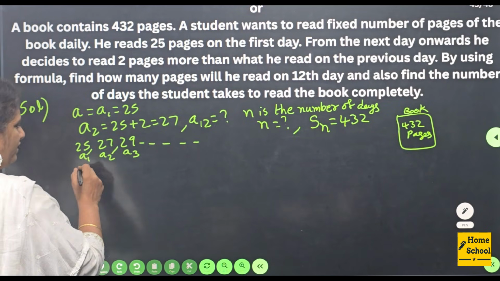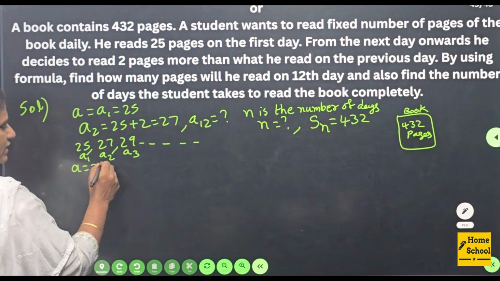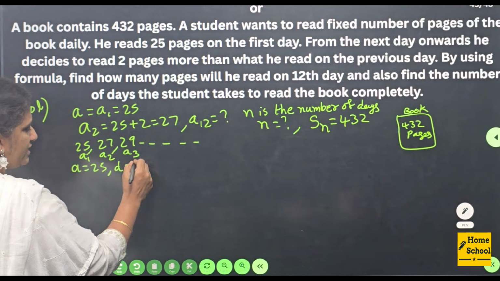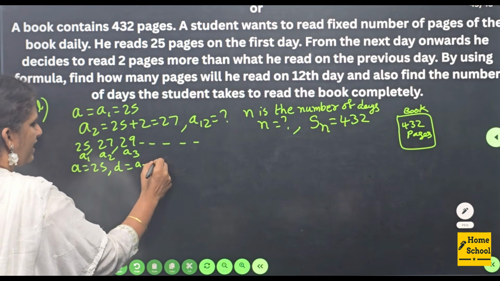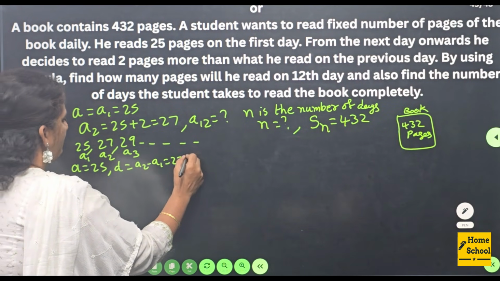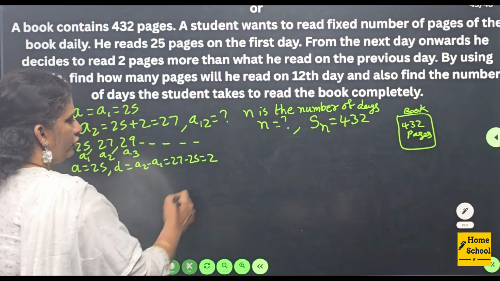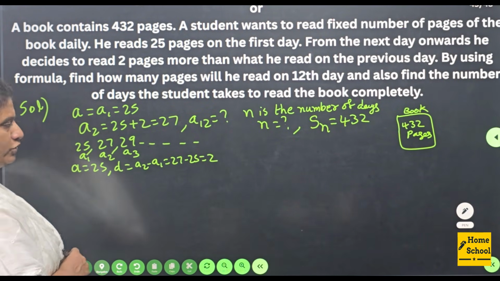a1, a2, a3. We know a is equal to 25. d is equal to a2 minus a1. That is 27 minus 25 will be 2. d value is 2.